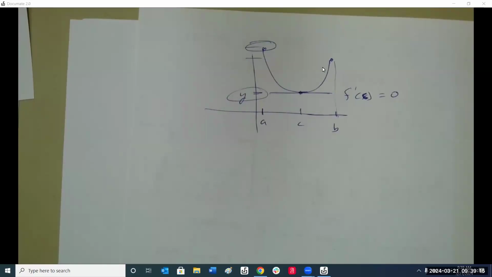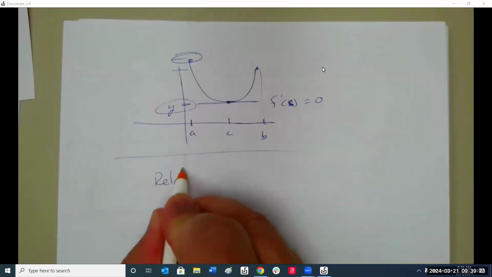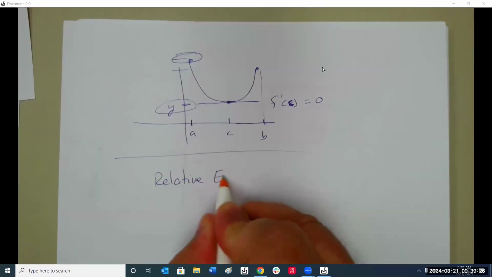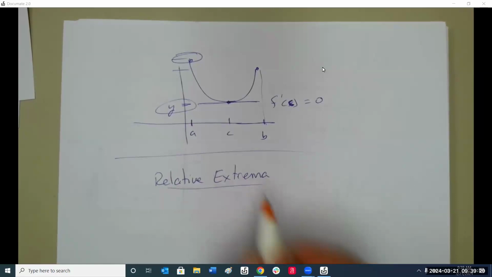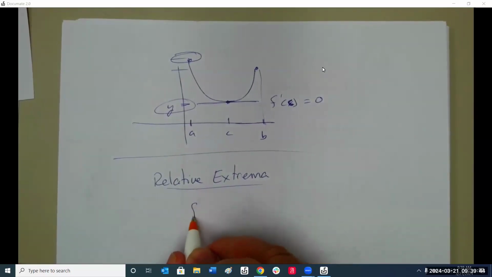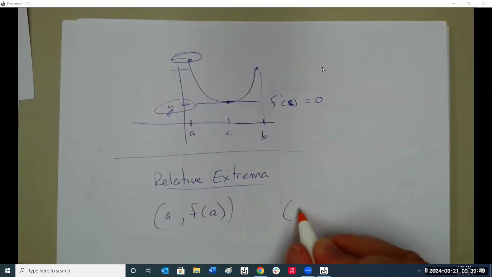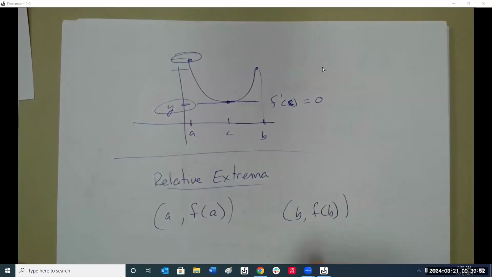What's a relative maxima and minima? What's a relative extrema? Relative maxima and minima, or extrema, are the locations of these points and any other c inside there.